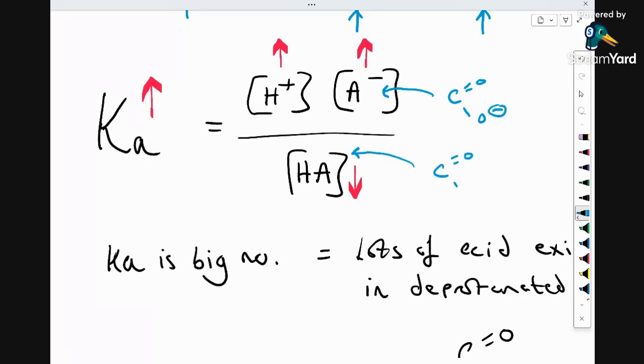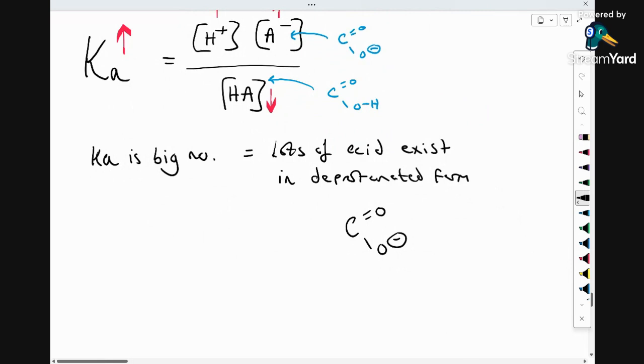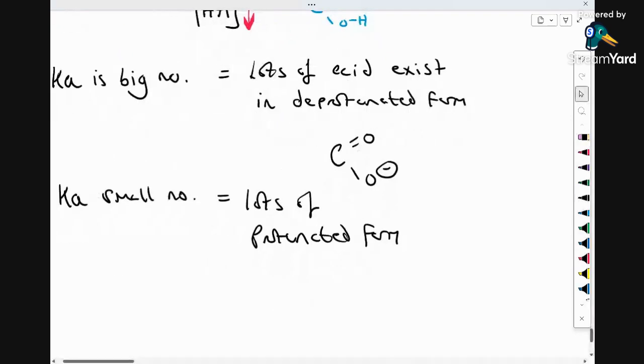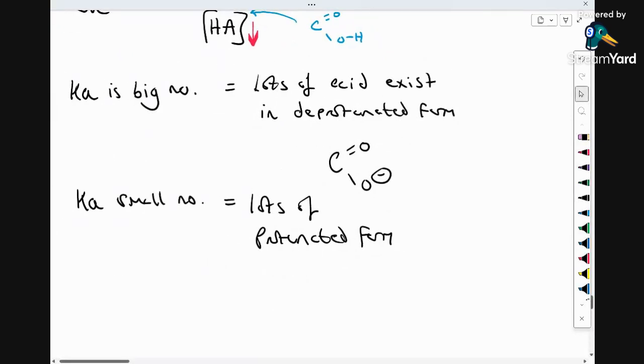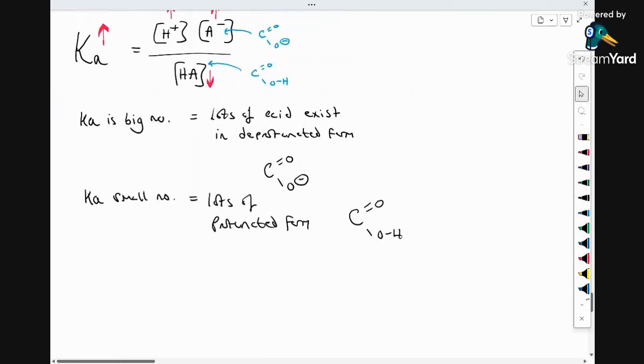The reverse is true if Ka is a small number: then we have lots of the protonated form. So the carboxylic acid, if the Ka was small, would look like this. Hopefully that's clear to you.